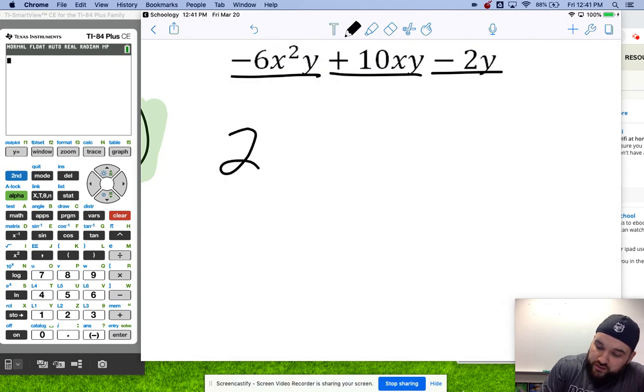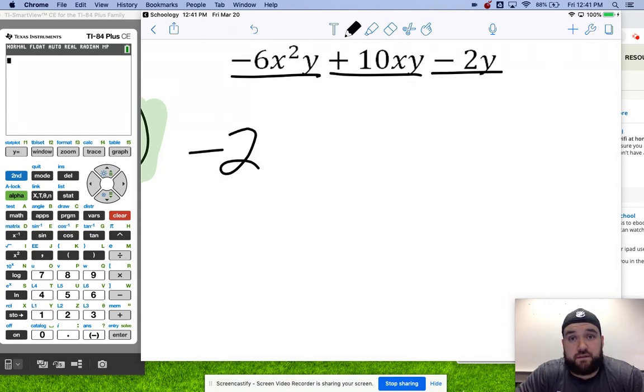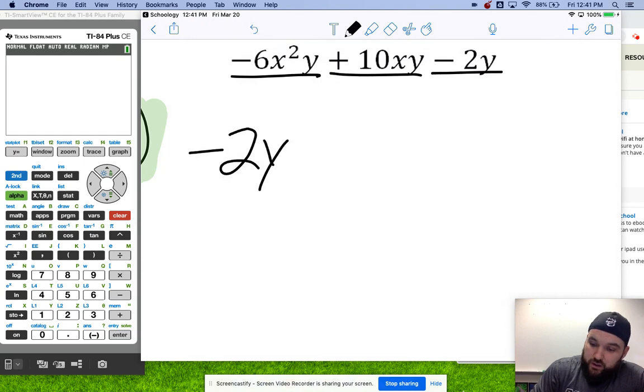Well, 2 can divide all the numbers, but I want to take out negative 2 as part of my GCF. Now, what else do all 3 of those have in common? Do they all have the variable x, or do they all have the variable y, or do they all have both? And the answer is all 3 terms have the variable y. They do not all 3 have the variable x, so I cannot take x out as part of my GCF.